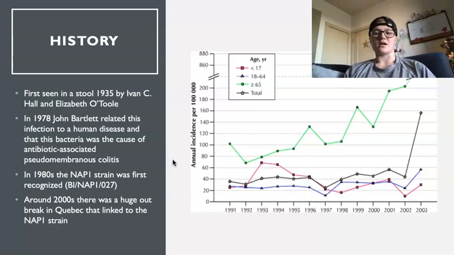There were about 7,000 cases and 1,300 people died because of the NAP1 strain. As you can see in this chart, around the 2000s there was an increase of incidences in every age category because of the NAP1 strain.